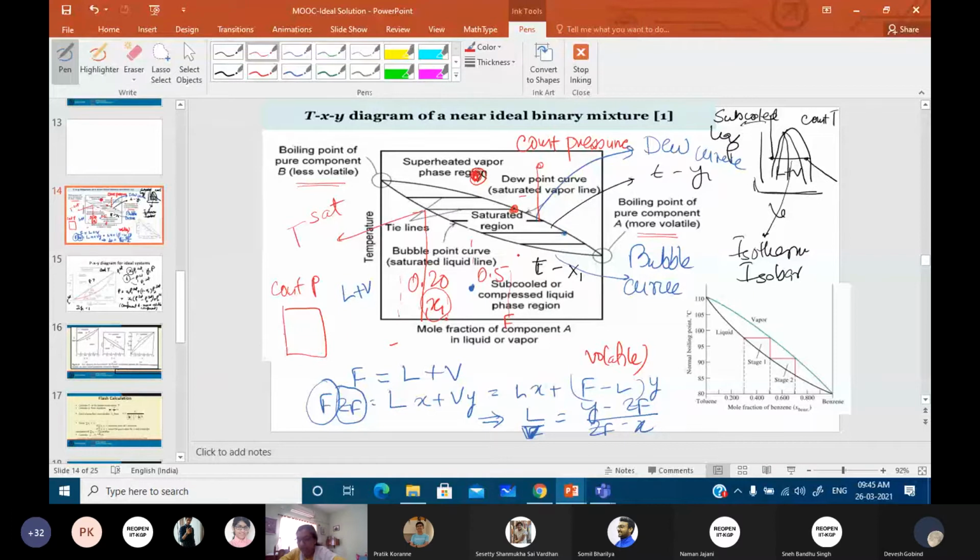So suppose I tell you that I have a solution of component 1, say benzene toluene. I have benzene toluene and in that mixture there is 20% benzene and I want to purify benzene. I want at least 90% pure benzene. Right? How do I do it? Naturally, it's benzene toluene, it's an ideal solution, and for such a particular system, quite naturally, we would like to go for distillation.